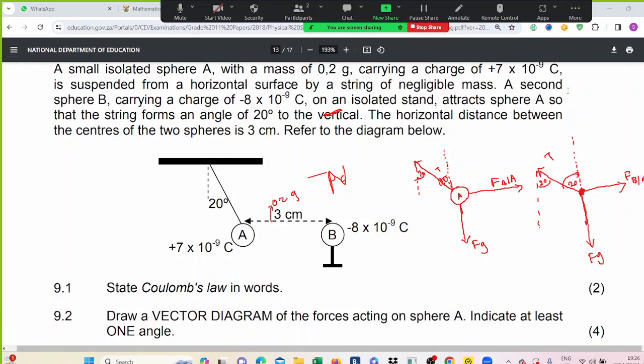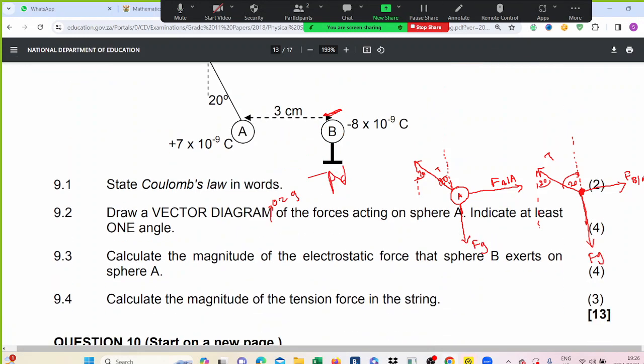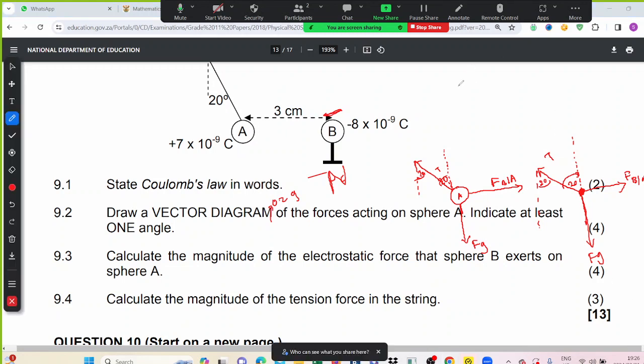Okay, then the next question. They say calculate the magnitude of the electrostatic force that sphere B exerts on sphere A, which is the force that you calculated very well. There's nothing wrong with what you did. Everything is fine. So you use F equal to k Q1 times Q2.